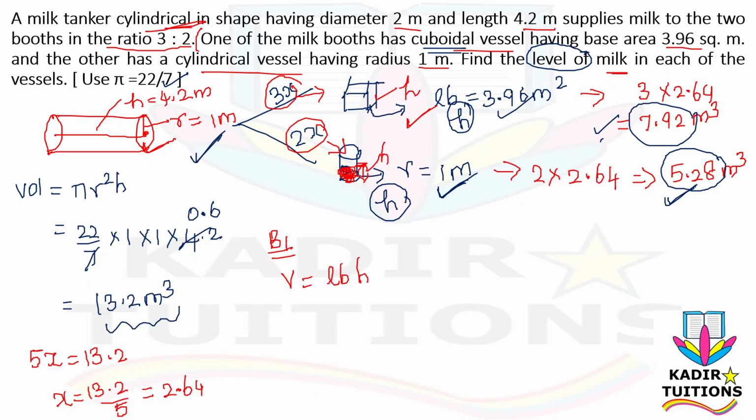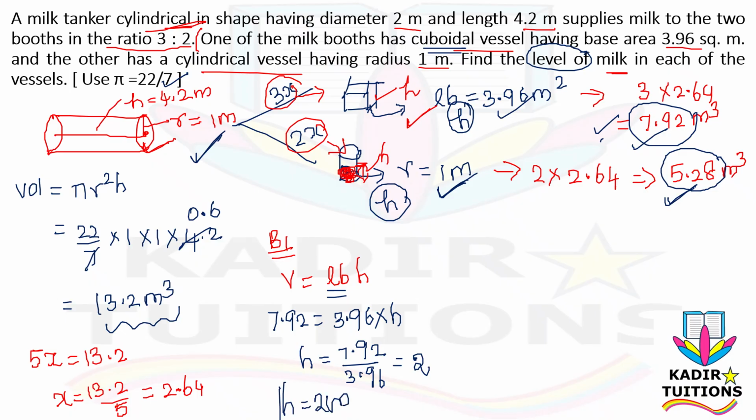We know the volume, so 7.92 equals L into B, which is the base area 3.96, into height. So height is 7.92 divided by 3.96, which gives 2. So this cuboidal vessel is filled with milk to a level of h equal to 2 meter. This is the answer for our first milk booth.